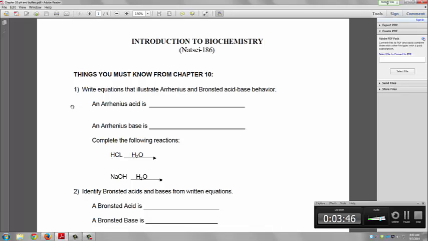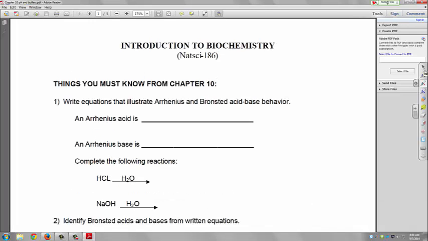First thing we have here is definition of acids. Now in the lecture I talked about some of the general concepts or generalities of acids and bases. Here we're just talking about the Arrhenius and Bronsted-Lowry definitions. Okay, so an Arrhenius acid is a compound that contains a hydrogen ion, or if you wish, it's a compound that dissolves.